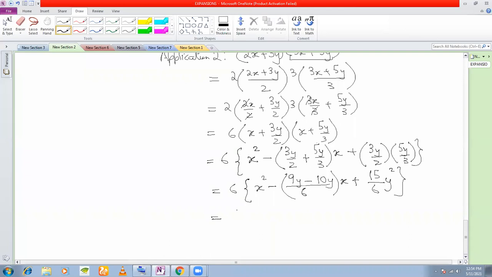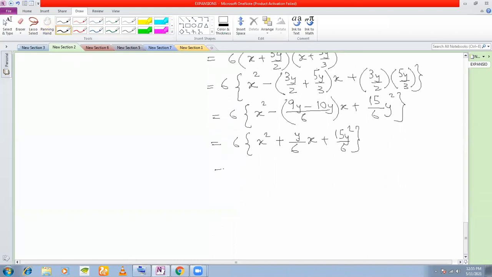Okay, now what do you get here? 9y minus 10y is minus y, so this gives 6 times x square plus... sorry, y by 6 into x plus 15y square by 6. Now you can multiply 6 throughout to get 6x square plus xy plus 15y square, and that is your answer.